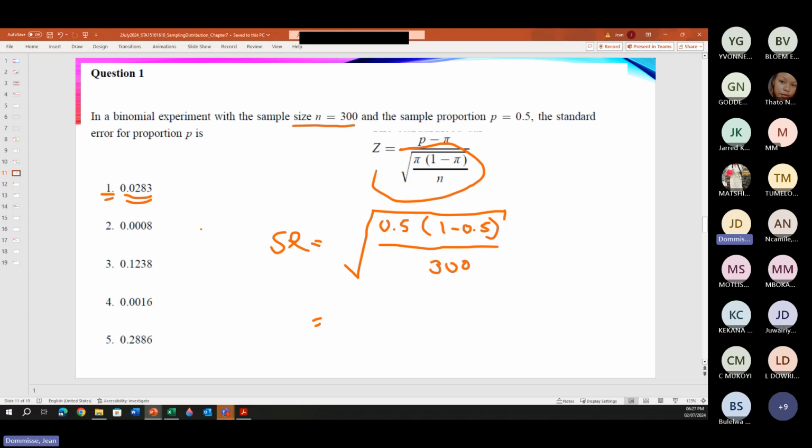How are you getting that? Okay, see. So be careful with the calculator in the steps that you are doing.